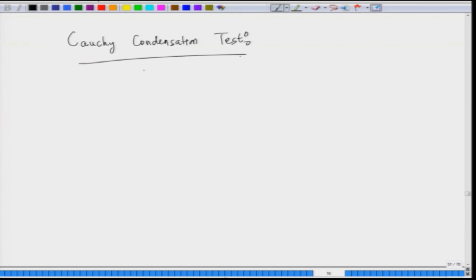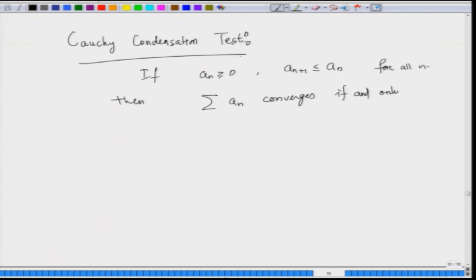This says that if a n is greater than or equal to 0 and a n is decreasing, that is a n plus 1 is less than or equal to a n for all n, then the summation of a n converges if and only if the summation of 2 to the power k times a 2 to the power k converges.